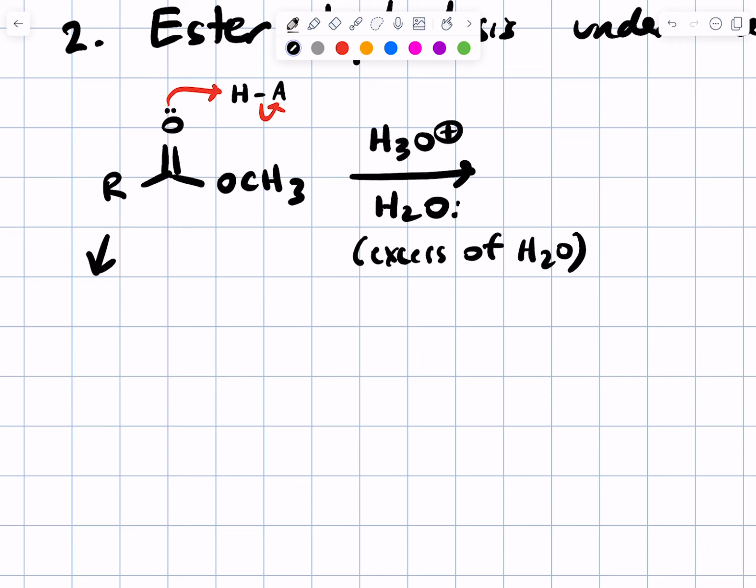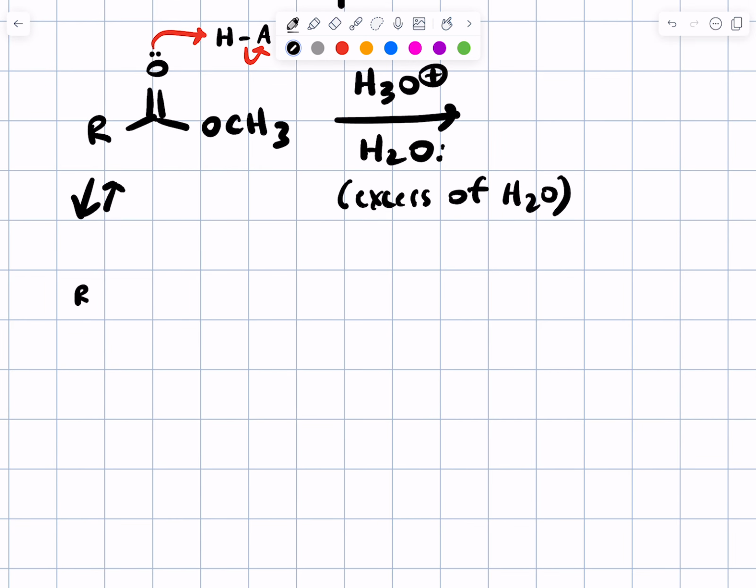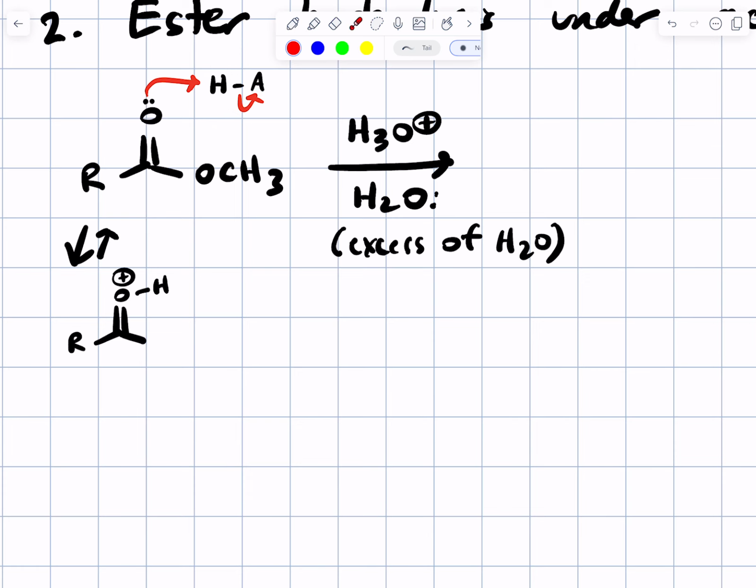oxygen. I'm going to use equilibrium arrows because these acid-base steps are reversible. You're using an acid that has a pKa that's about the same as the pKa of this oxonium ion.